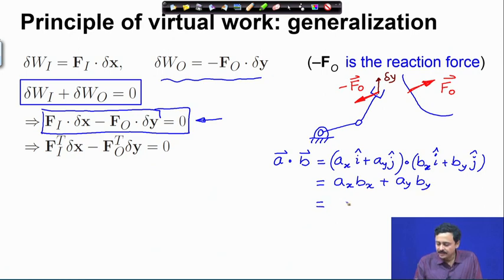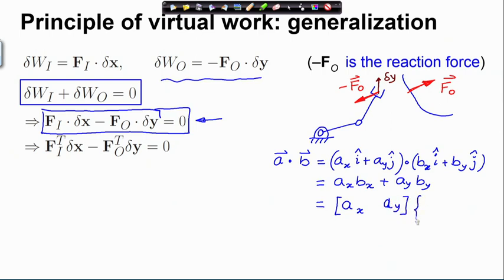Now, I can write this as a matrix product like this, which is A vector transpose into B vector. The transposition converts a column vector to a row vector, as I have written here.